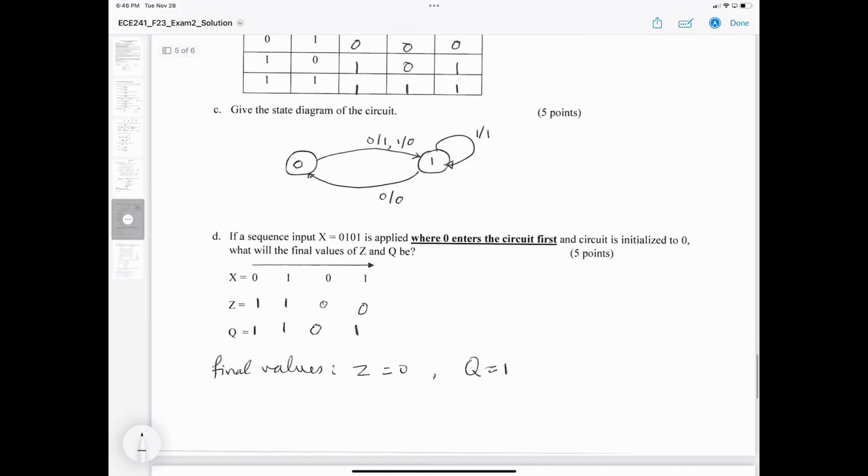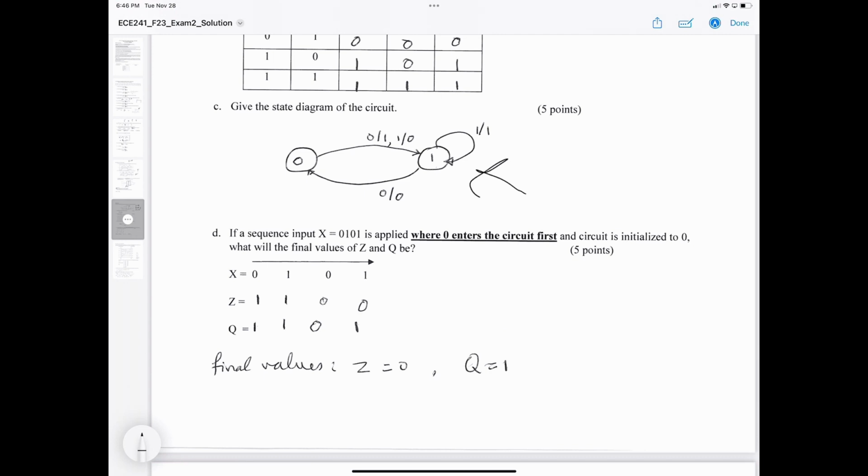When you're starting at 0, the first state, you go to 1. Then you get a 1. You go to 1. You get a 0. You go to 0. You get a 1. Your next state is 1.